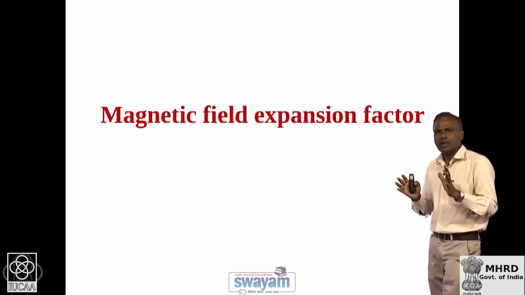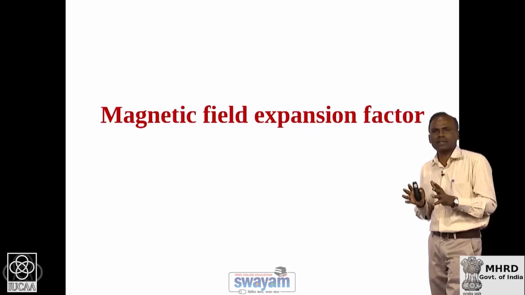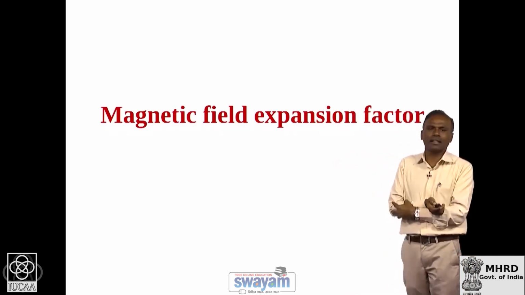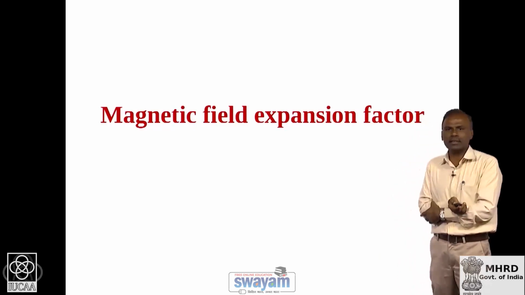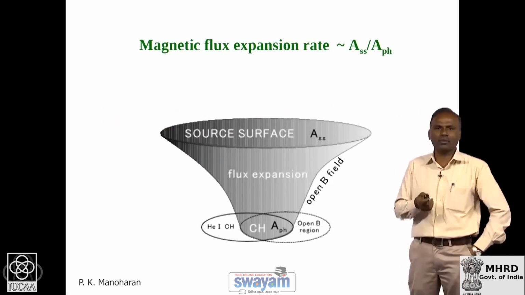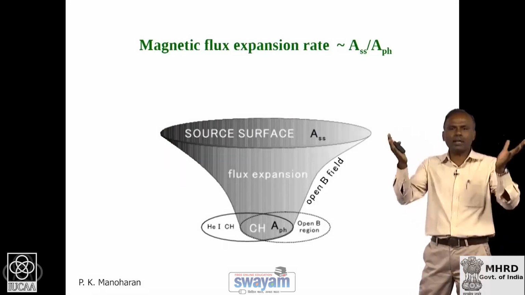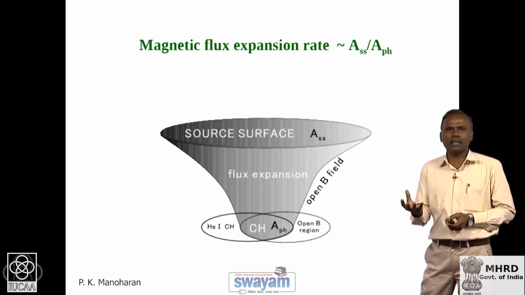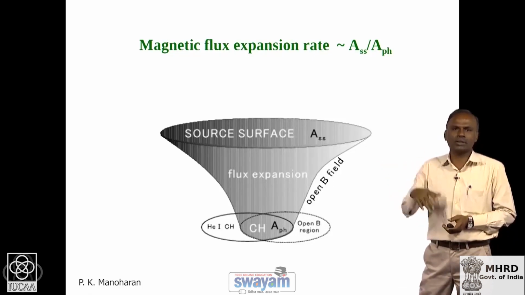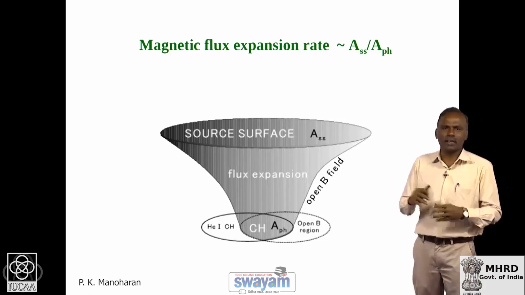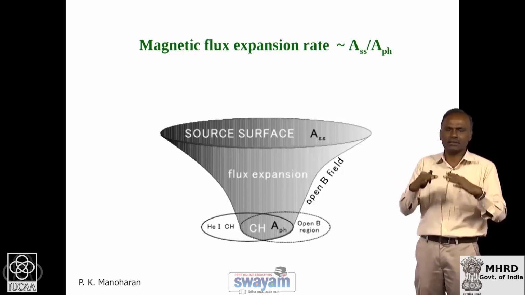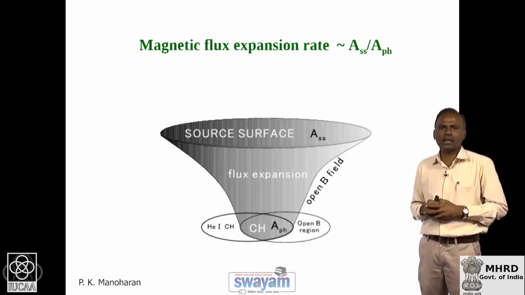The magnetic field expansion factor also plays a crucial role in aiding or supporting the solar wind acceleration. For example, this shows the typical magnetic field from the photosphere to about the source surface, where the source surface can be fixed at about 20 solar radii.